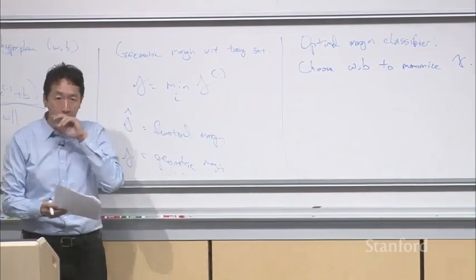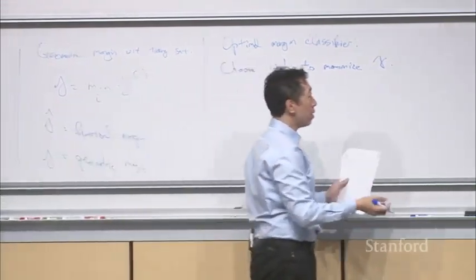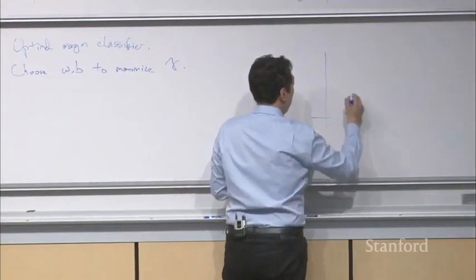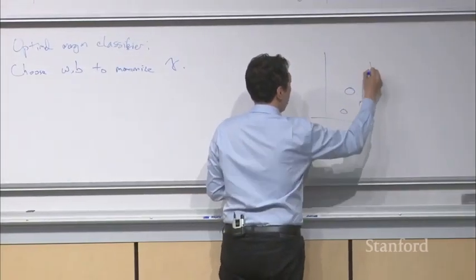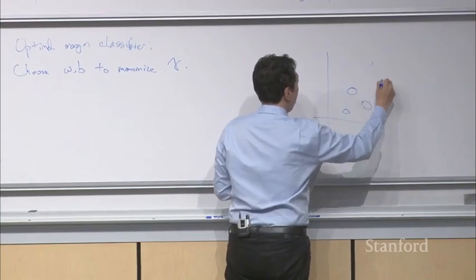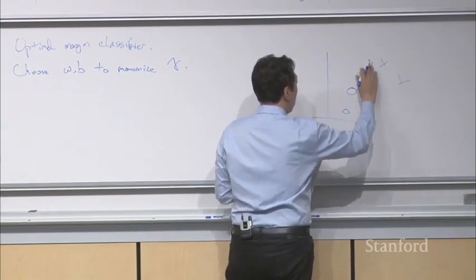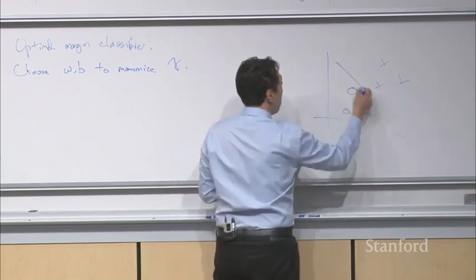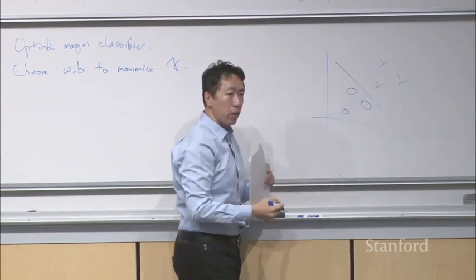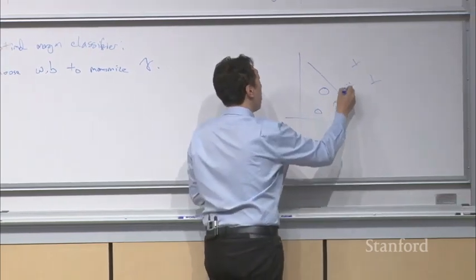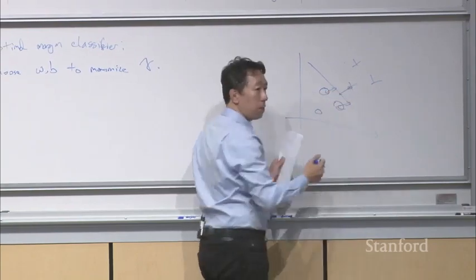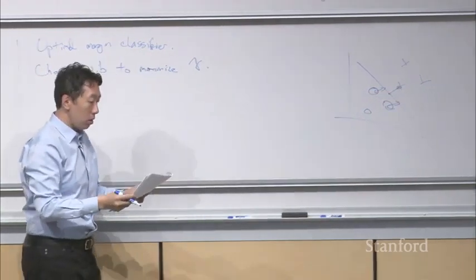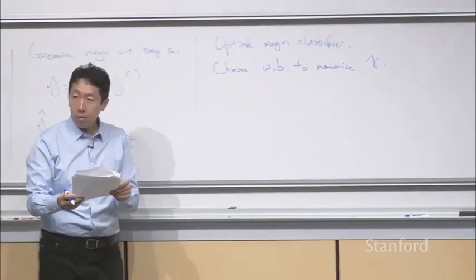So in other words, the optimal margin classifier is basically the baby SVM, like an SVM for linearly separable data, at least for today. And so the optimal margin classifier would choose that straight line because that straight line maximizes the geometric margin to all of these examples.